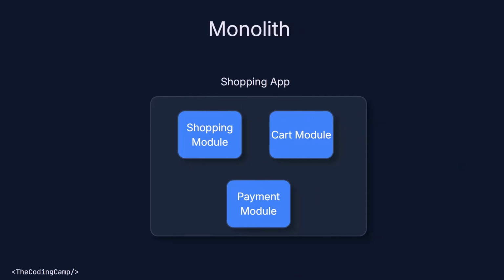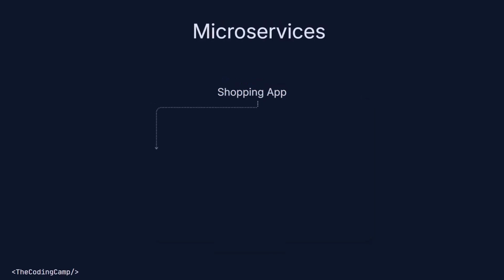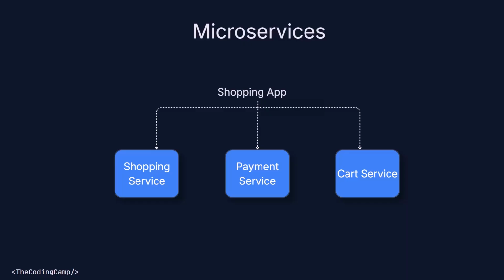In a monolith architecture, all the app modules are in the same code base. While in a microservice architecture, the app is separated into services. Each service has its own code base, and they communicate with each other through APIs. The advantage of microservices is ease of scaling and deployment. Also, if any issue happens with one of the services, the other services are not affected.